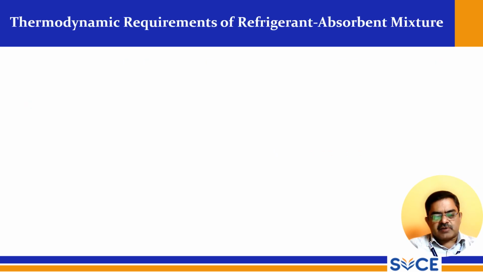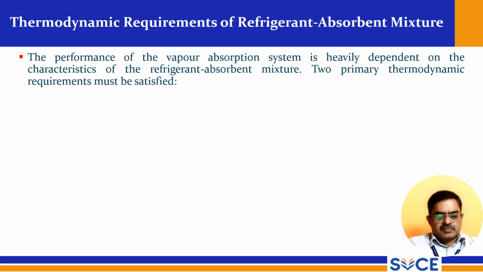So, thermodynamic requirements of refrigerant absorbent mixture. The performance of the vapor absorption system is heavily dependent on the characteristics of the refrigerant absorbent mixture. Two primary thermodynamic requirements must be satisfied.